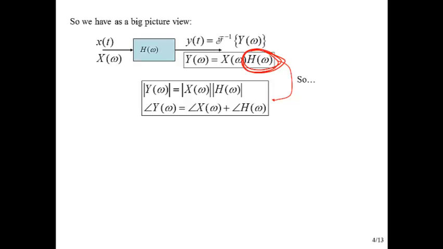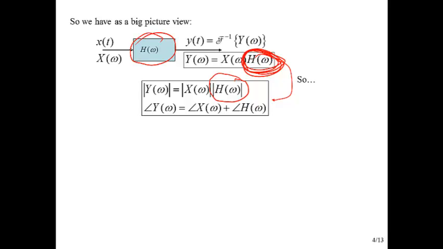Maybe we're designing a circuit that's supposed to take in audio signals, guitar signals or something like that. We don't know what that guitar signal is going to look like ahead of time. There's lots of different guitar signals. But by looking at H of omega and understanding its characteristics, we can get a feeling for what it's going to do. And the main thing that we look at is the magnitude of that frequency response. Remember, H of omega is called the frequency response of the system.